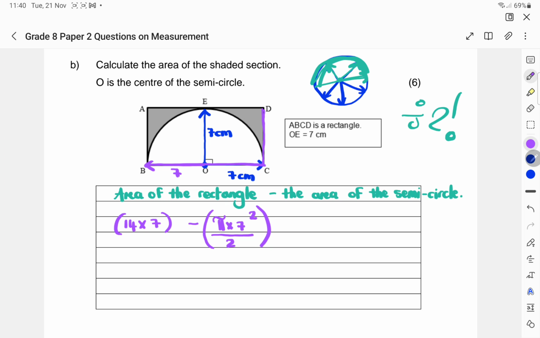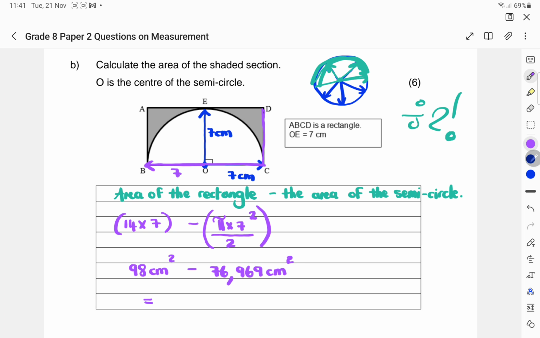So first the area of the rectangle, which is 98 centimeters squared, minus the area of the semicircle, pi times 7 squared divided by 2, which gives you 76,969. I'm just going to write a few there.